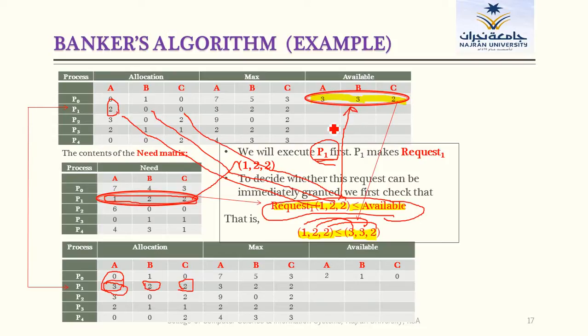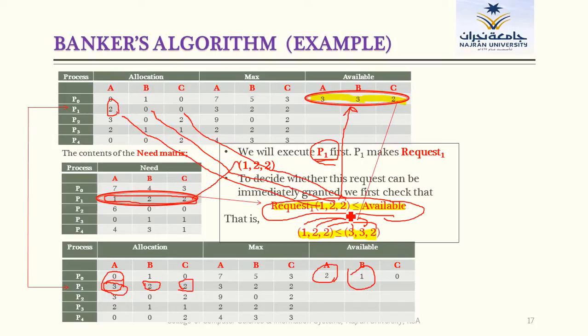So in total for A we have 3 and 1 we have given to P1. So what is remaining? 3 minus 1, it is 2. For resource type B, in total it was 3 and P1 requested 2. So we have given it to him, and 3 minus 2, the remaining available B is 1.